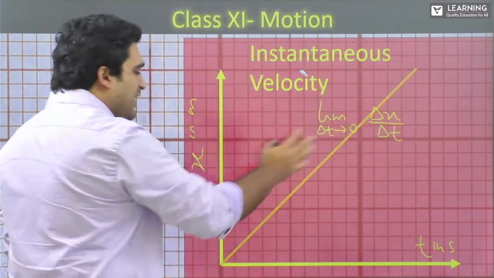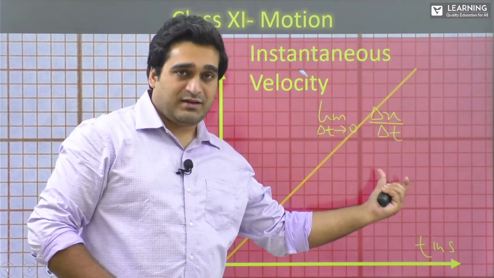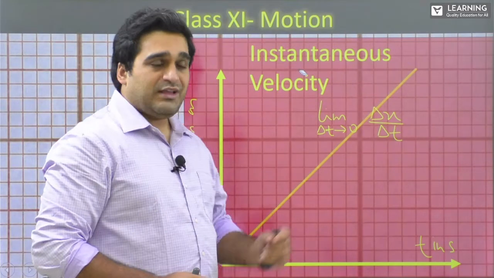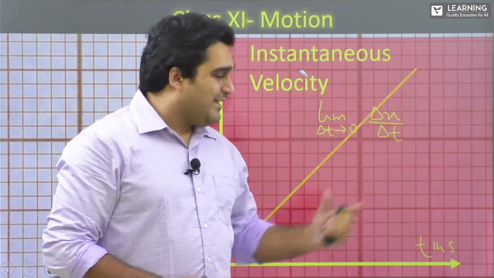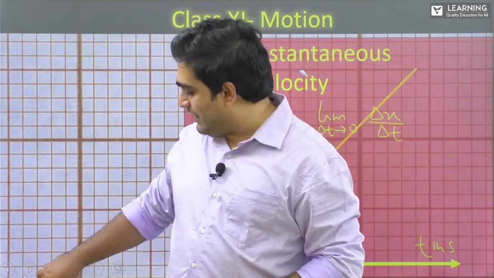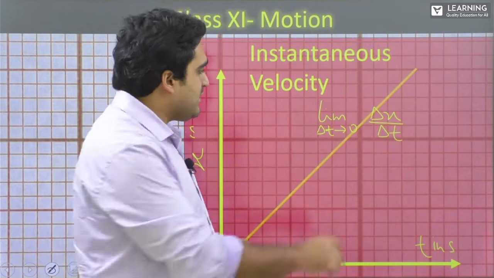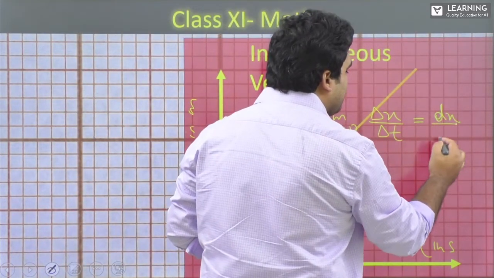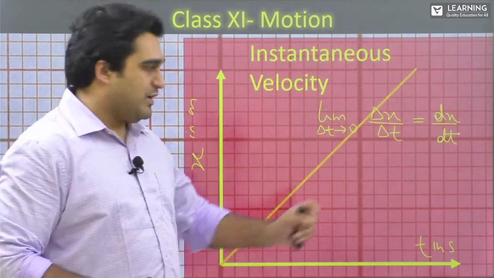Such a velocity, where delta t, the denominator, the time, is almost tending to 0, is defined as an instantaneous velocity. This, on the other hand, can be written as dx by dt in the form of a differential equation.